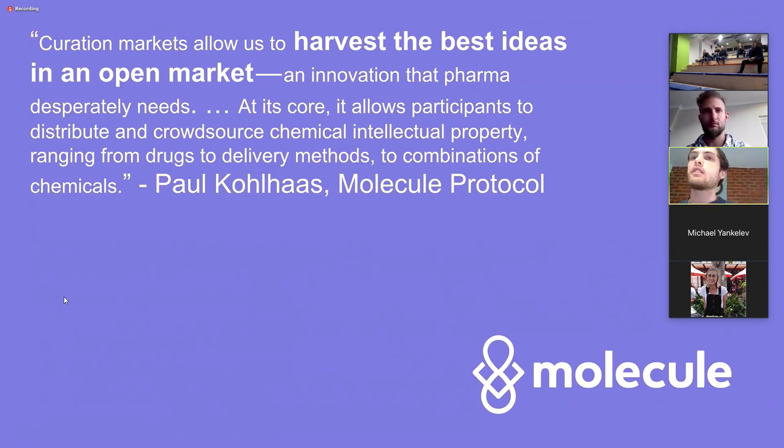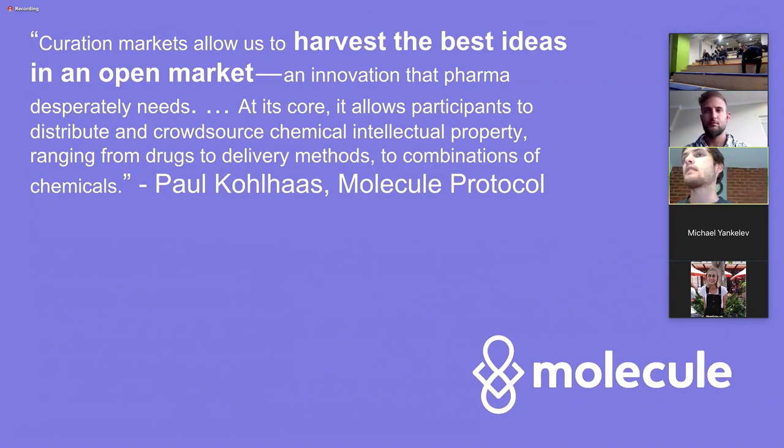And so what curation markets introduce is the ability to have smaller scale markets. So you might not necessarily have large volume of people interested in a specific drug and interested in its success, but curation markets introduce enough liquidity that you could have a small market of 100 people or 100 companies interested, being able to stake into the bonding curve for a specific drug.